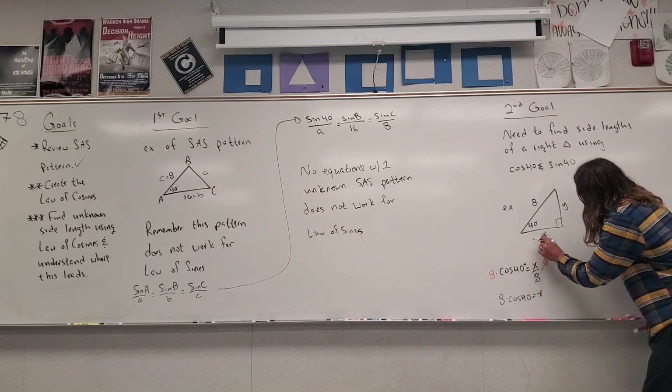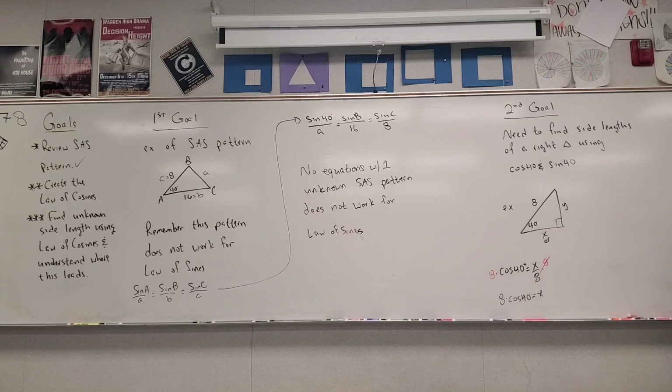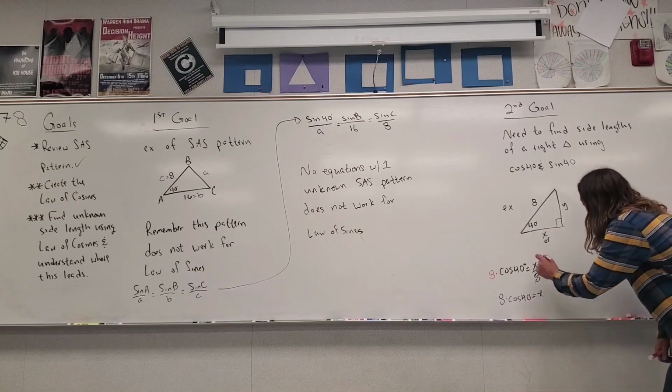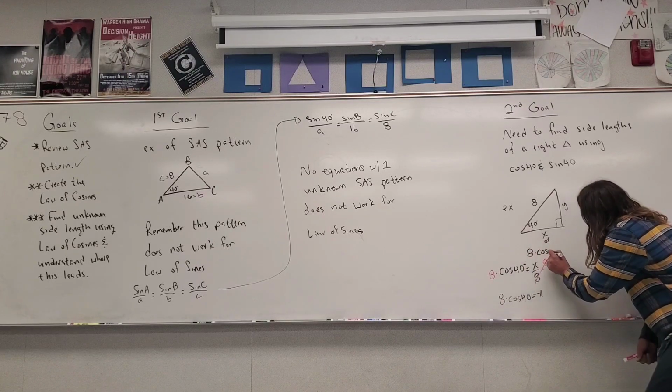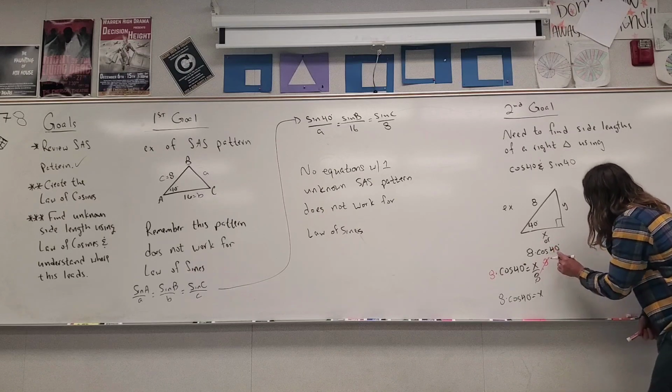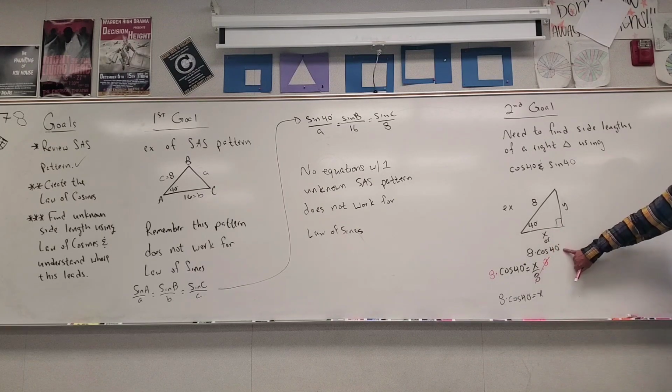So I can either say x or, and this is what we're going to need for our argument here, I can say 8 times the cosine of 40 degrees. So it's x in length, or it's 8 times cosine of 40, which is actually a number I can calculate. So this is actually a number. I know this length now.